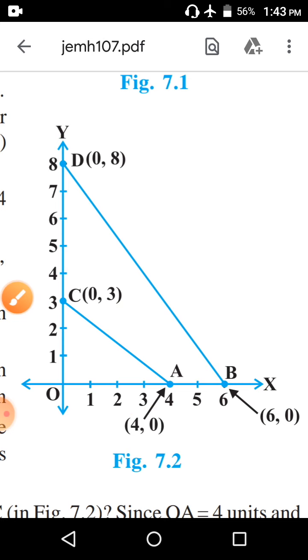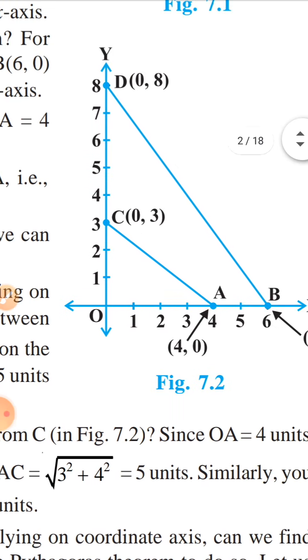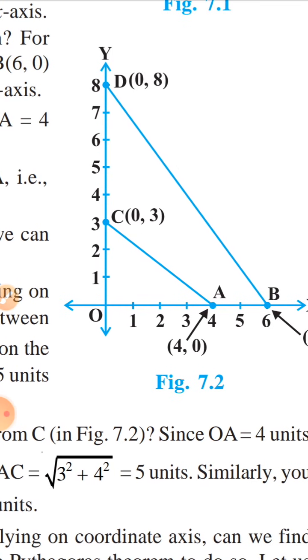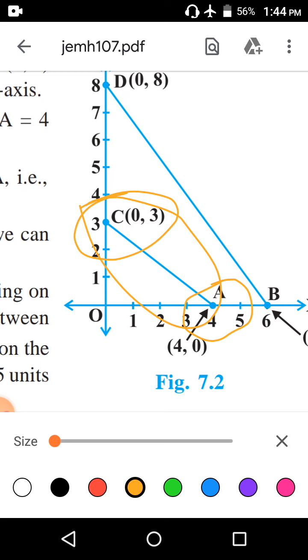But we need a general formula, so we'll take two more examples. Suppose one point is on the x-axis and another is on the y-axis. How will you solve this? Point A is on the x-axis and C is on the y-axis, and we have to find the distance AC. The coordinates of point A are (4, 0), and of point C are (0, 3).